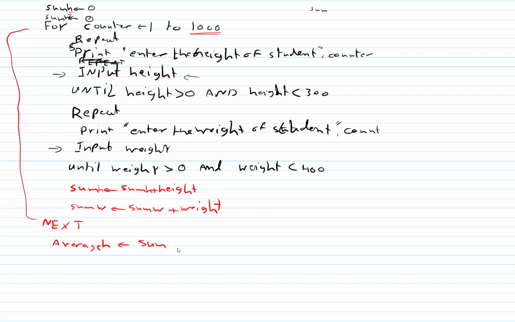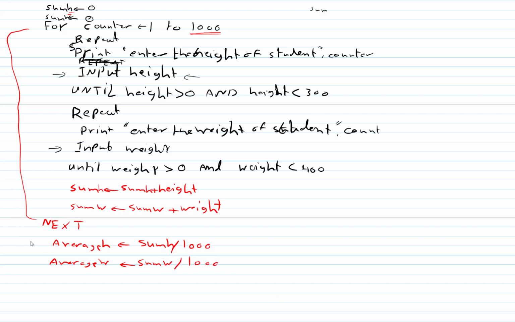Sum divided by how many students we have? 1000. And same thing, the average of weights, average w, we assign the value of sum w divided by 1000.